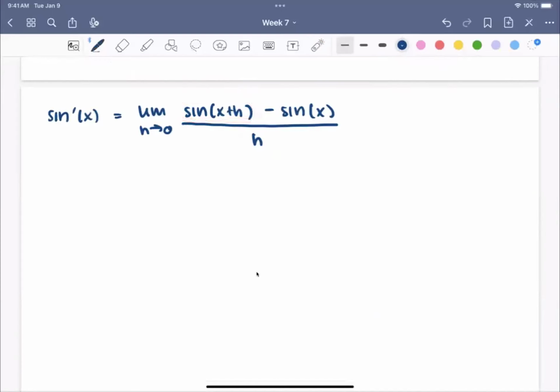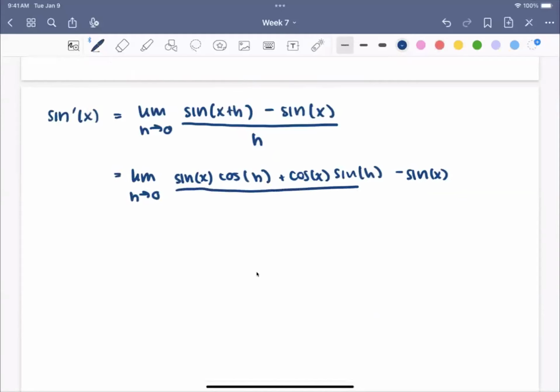So we get the limit as h approaches 0 of sine x cosine h plus cosine x sine h, and then we have that minus sine x term, and then we're dividing all of this by h.